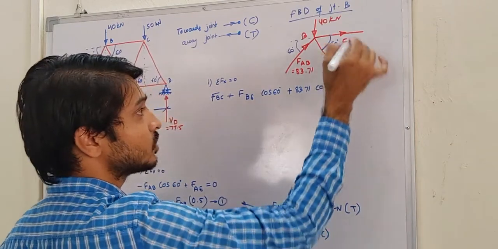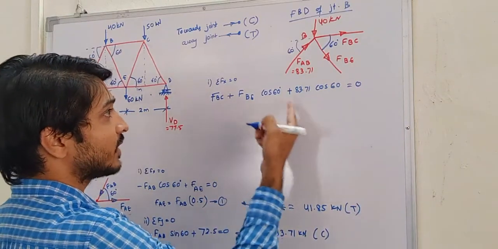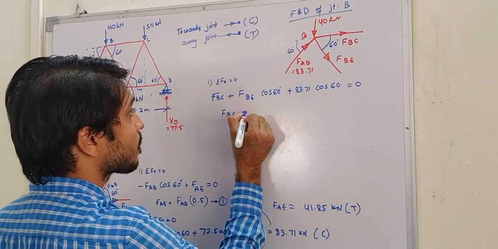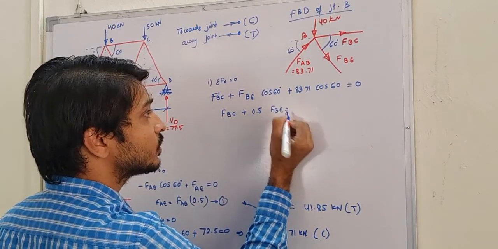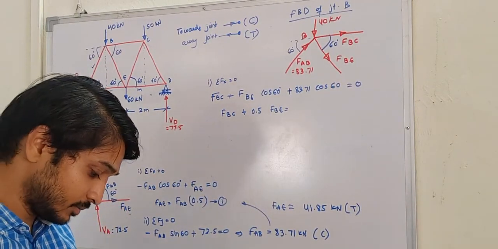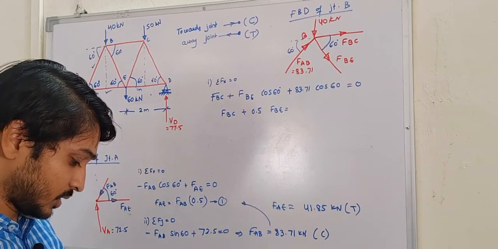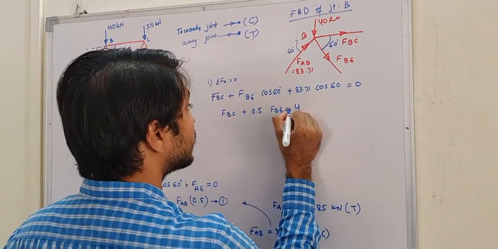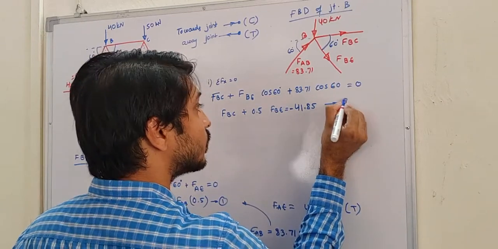We have taken all three, which equals 0. Correct? If I send this to the other side, I get FBC plus 0.5 FBE equals minus 83.71 into cos 60, that is minus 41.85. Let this be equation number 1.